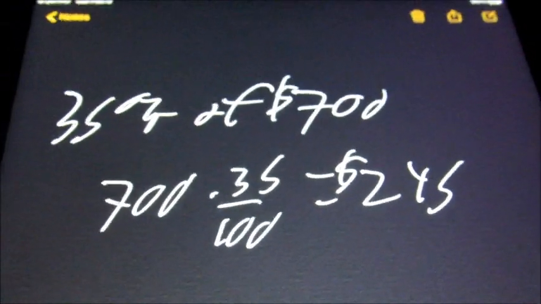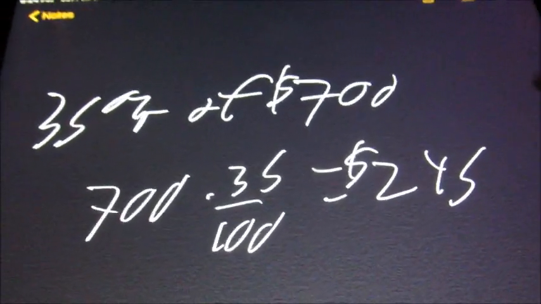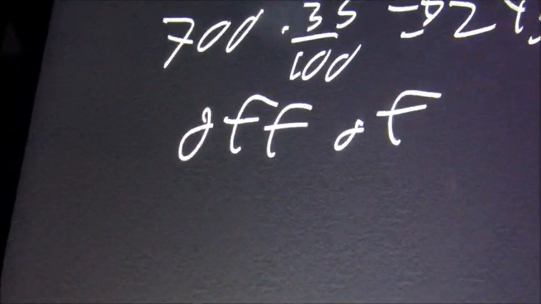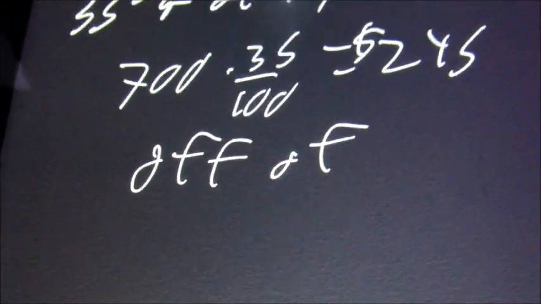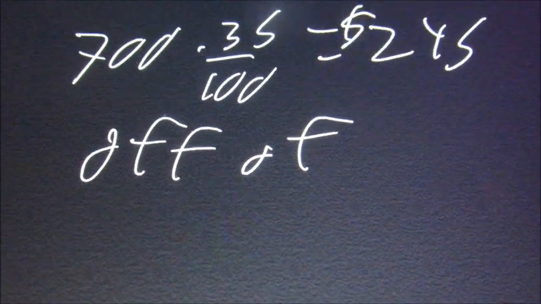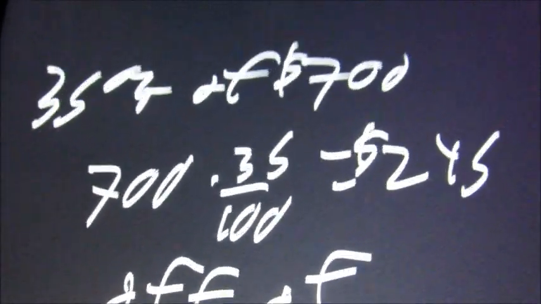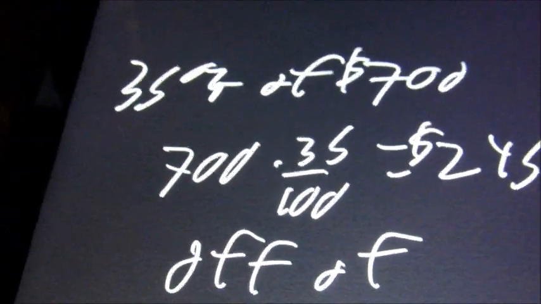And so that's as far as you need to go. So be careful on the way that they're worded. Some of them are worded just of, and some of them are worded off of. When it's off of, or when it says that the discount is some percent, then you're going to have to do the subtraction. If all it says is that you're going to pay 35% of something, then you don't need to do the subtraction.